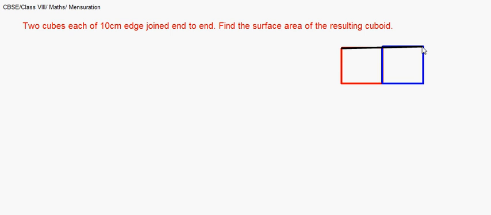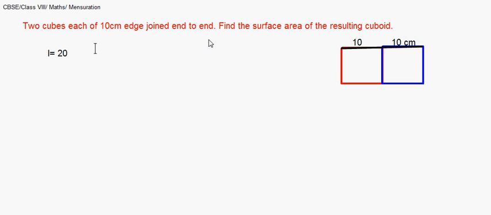What is the formula of finding the surface area of a cuboid? 2 into lb plus bh plus lh. Now we need to first write what becomes our length. Length becomes 10 plus 10, that becomes 20, because each of these was given as 10 centimeters. Rest of them would remain the same, because breadth and height will remain as it is.